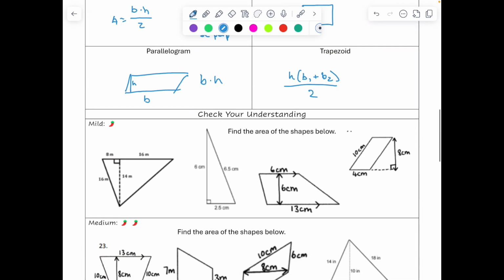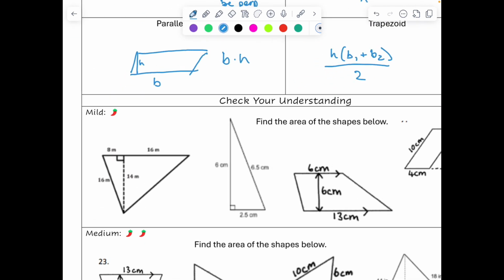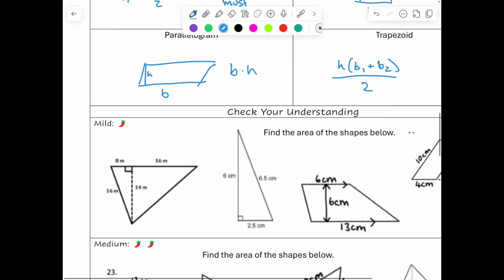Okay, so we're going to check our understanding here. Here the base is going to be 16 plus 8, so 24, and then the height is perpendicular, 14, so 24 times 14 equals 336, but then we have to divide that by 2 because it's base times height divided by 2.